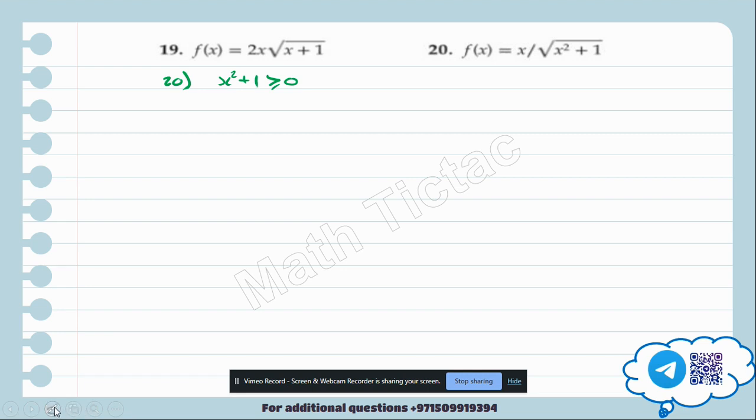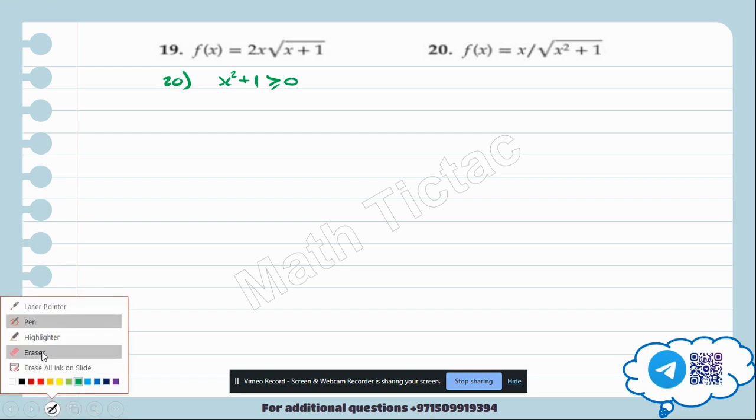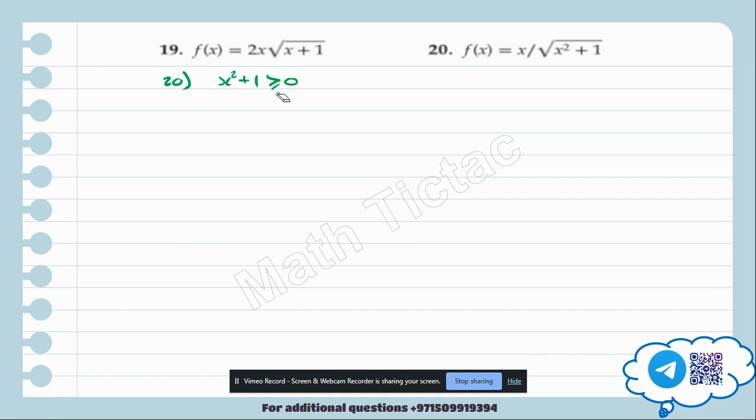But because this square root is in the denominator, we also have to exclude 0, since we cannot take a denominator equal to 0. So the expression has to be greater than 0, which means x squared has to be greater than minus 1. Then we have to take a square root.